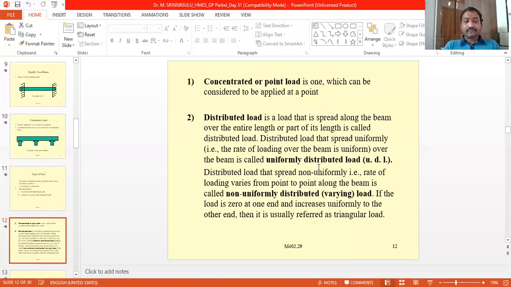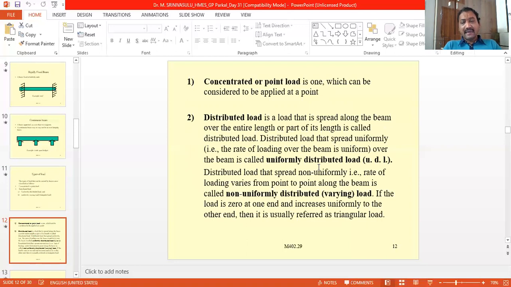The first one is the concentrated load, also called the point load. What is this? As the name indicates, point load. That means when a load is acting at a point on the beam, its effect is limited to a point on the beam. The point means the area of the point is very small as compared to the area of the beam.